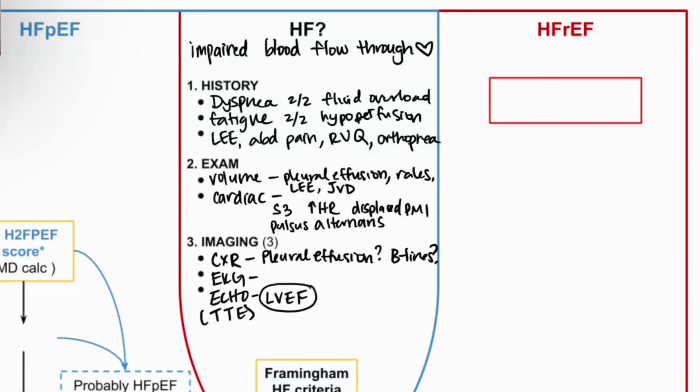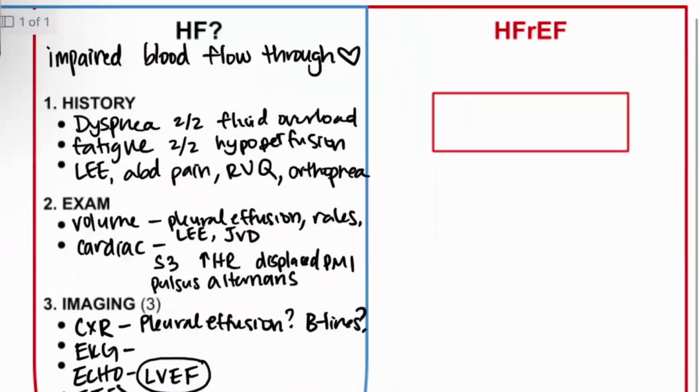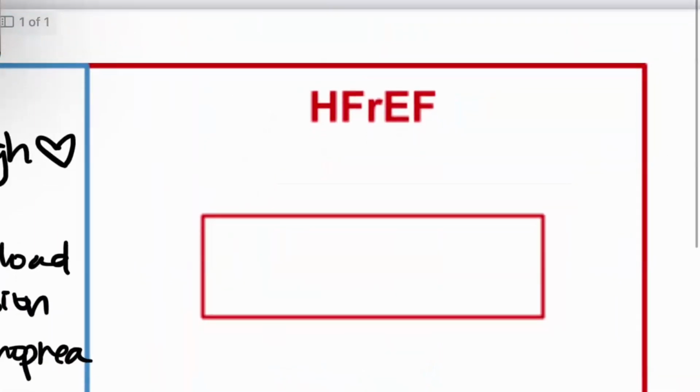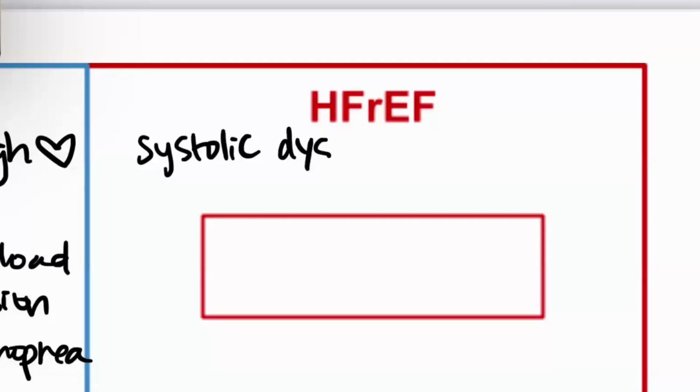So starting with reduced ejection fraction, this is the most common category of heart failure for our patients. It is due to systolic or diastolic dysfunction. This one is due to systolic dysfunction. It's a left ventricular problem, and just generally a left-sided problem.